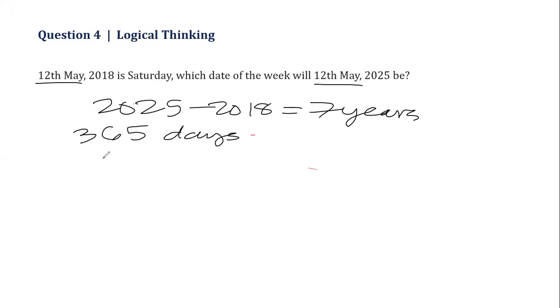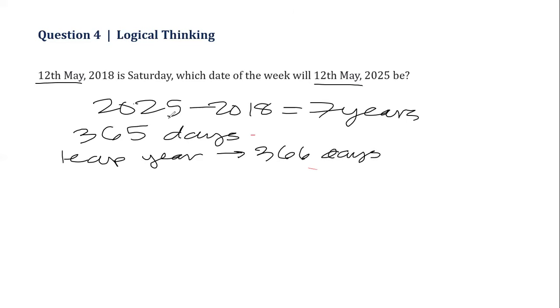However, if it's a leap year, and if you want to know whether it's a leap year or not, you just divide the year by 4, and if there's no remainder, then it's a leap year. A leap year has 366 days, so it has one extra day compared to the normal 365.